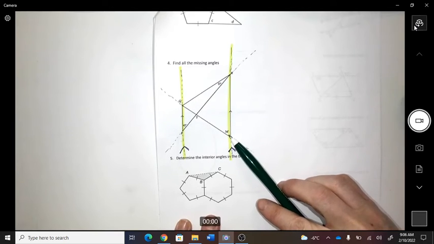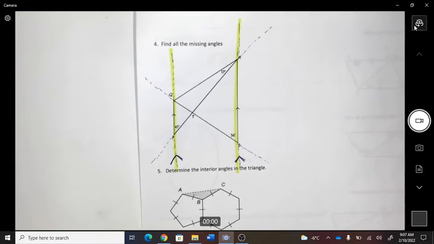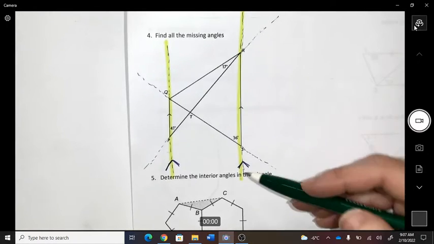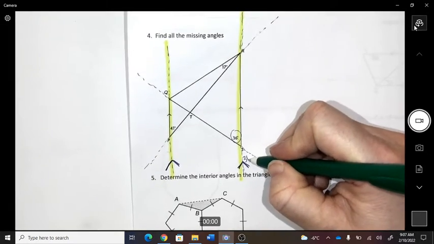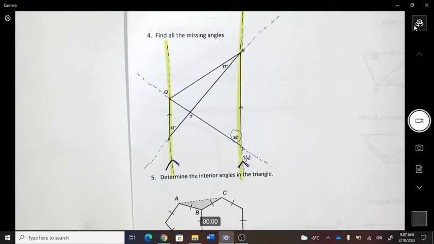So 36. Do you see anywhere I could put 36 to help me out? Are there any corresponding, alternating interiors, opposites, or anywhere else I could put a 36? Well, I could put 36 there, right? Because they crisscross, opposite.